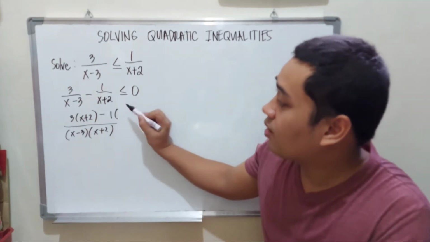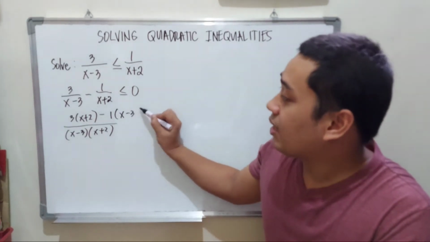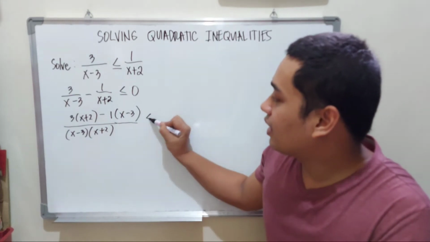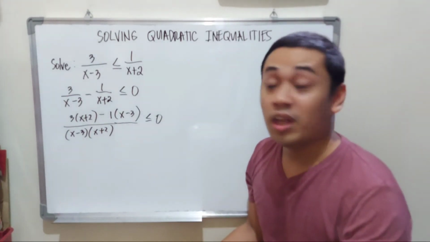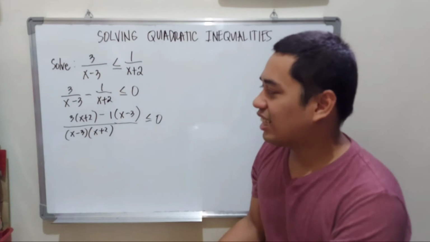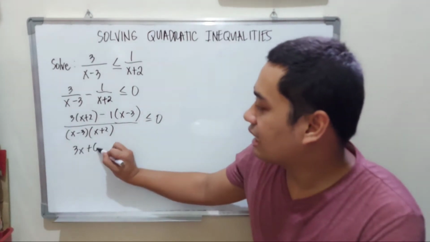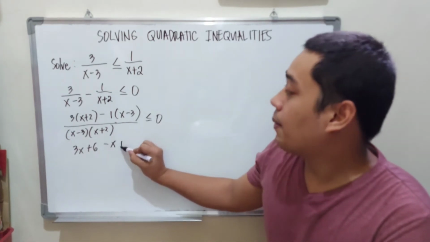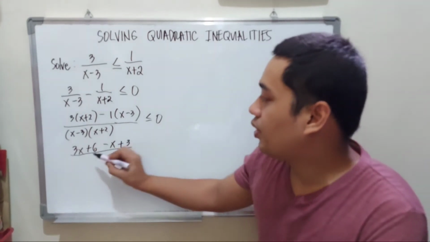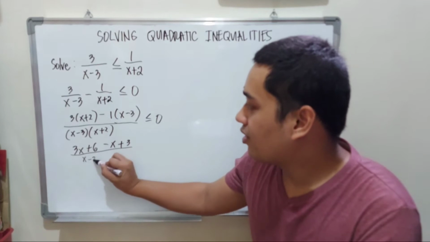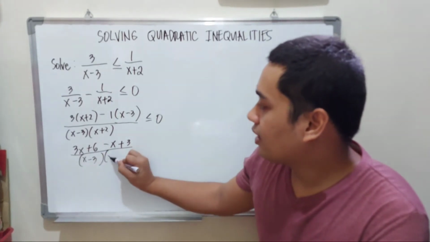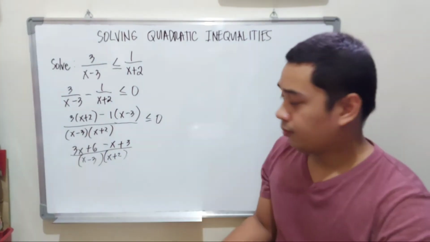This will become just 1 times x minus 3 is less than or equal to 0. Next, kailangan na nating isimplify. So, this will become 3x plus 6 minus x plus 3 over x minus 3 times x plus 2.